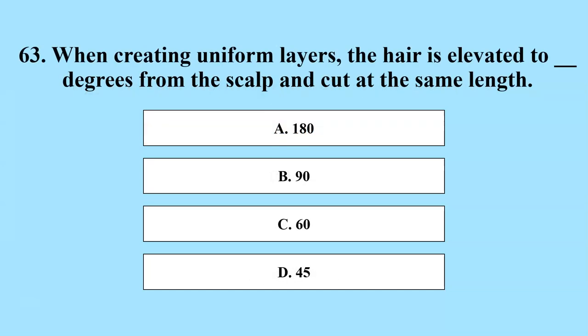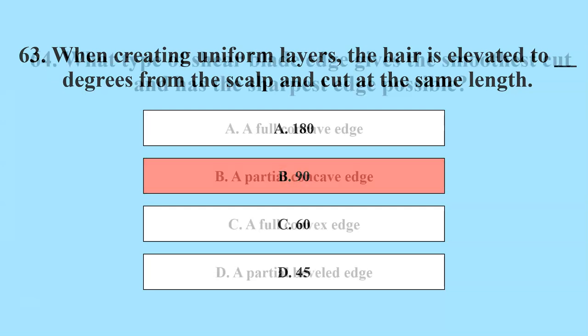When creating uniform layers, the hair is elevated to blank degrees from the scalp and cut at the same length. 180, 90, 60, 45. If you chose B, 90, you are correct.